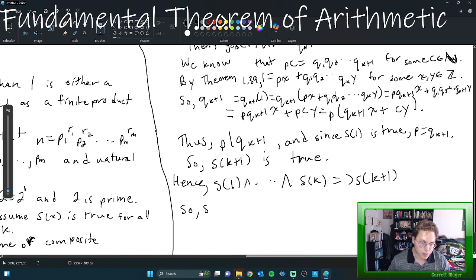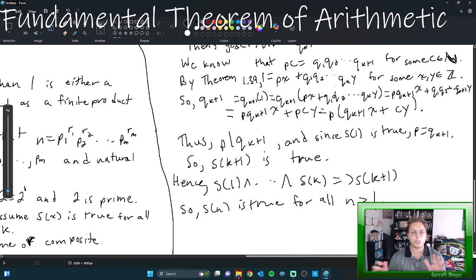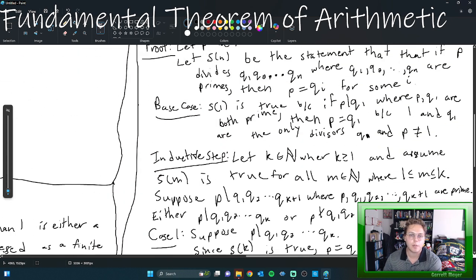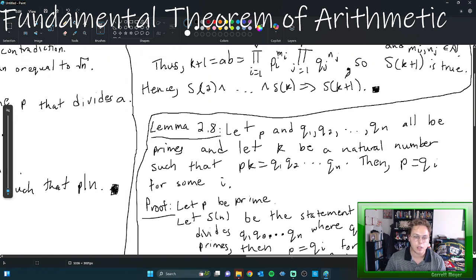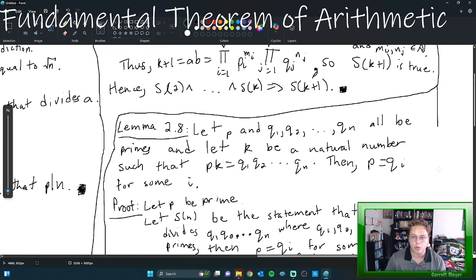So Sn is true for all n greater than or equal to 1. What we've just shown here, crucially, is that if we have a product of primes and one prime divides that product, then this prime equals one of the primes within that product. That's what this lemma shows.